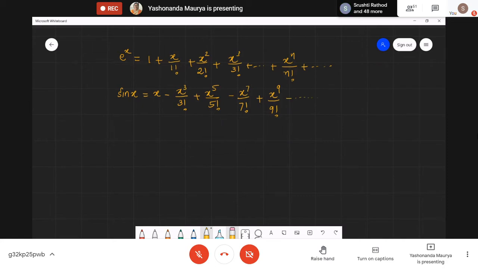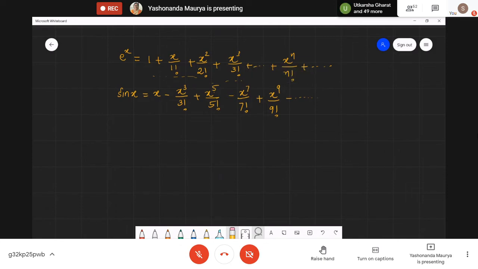How do we remember the expansion for sin x? This contains only the odd terms from this particular sequence of e raised to x. Only odd power terms will come. See, x raised to 1, 3, 5, 7 and 9. Okay, so these are the powers that are appearing.